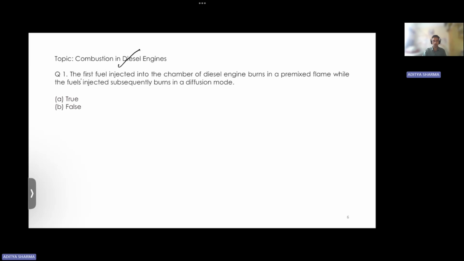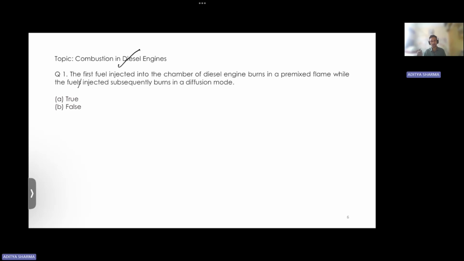About diesel engines, this is a correct statement. We have seen that first we inject some fuel, it gets premixed, and then the combustion initiates. We will have a flame.